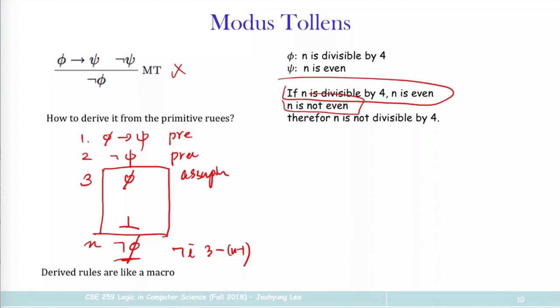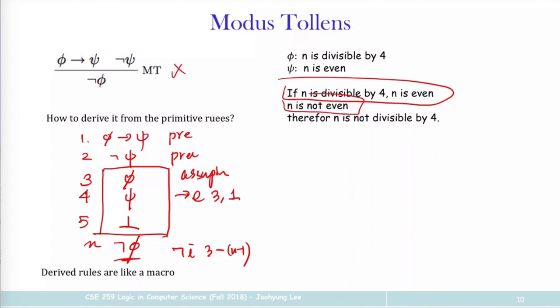Now, how can we derive bottom from lines 1 and 3? We did a similar thing before. I know line 3 is true. I also know line 1 is true. What can we derive? Psi. This is implication elimination for lines 3 and 1. And then I can derive bottom because lines 2 and 4 are contradictory.